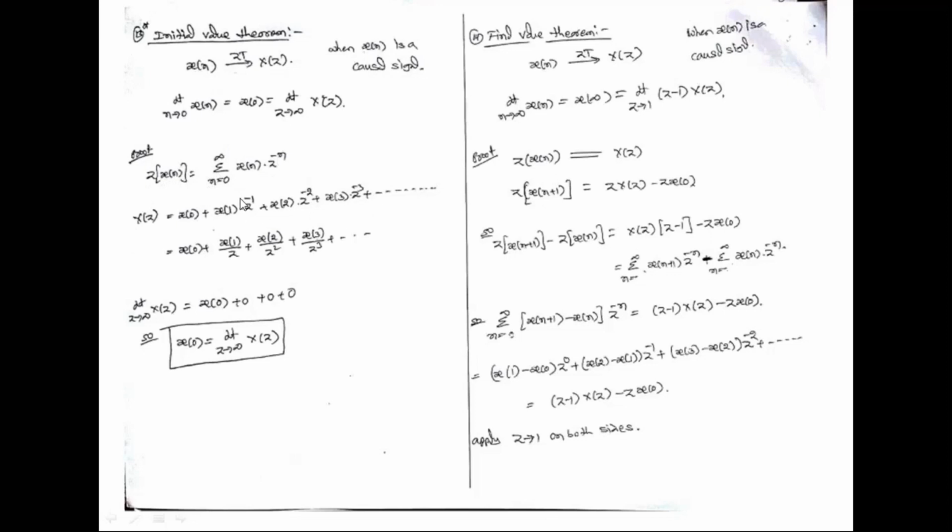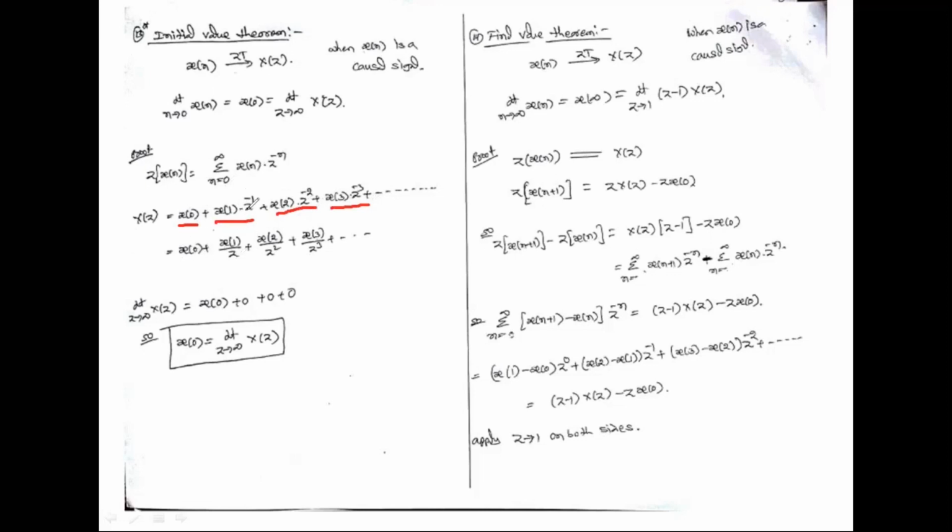Expand this function. N is equal to 0 means x of 0 z power 0, which is 1, so it is x of 0. When n is equal to 1, x of 1 z power minus 1, and n is equal to 2, x of 2 z power minus 2. When n is equal to 3, x of 3 z power minus 3, and so on.